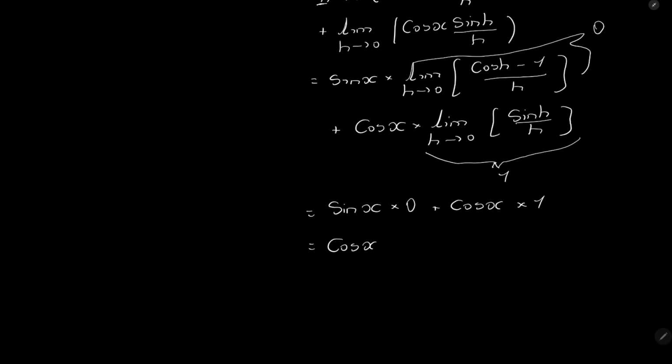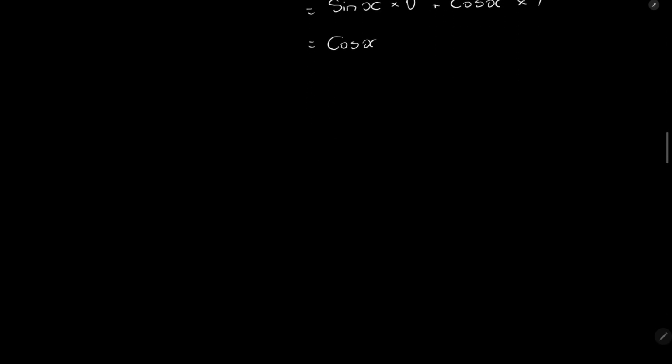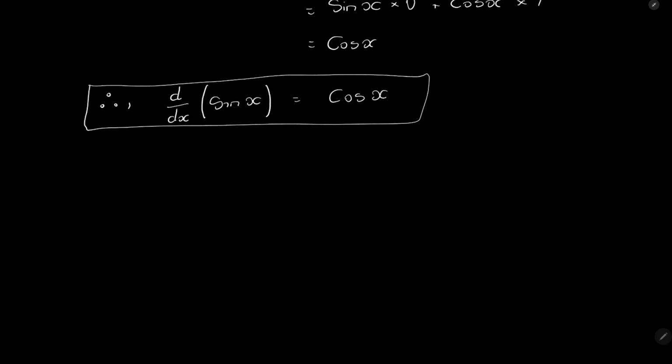So what can we then conclude? Therefore, the derivative with respect to x of sine x is equal to cos x. We enclose our solution.